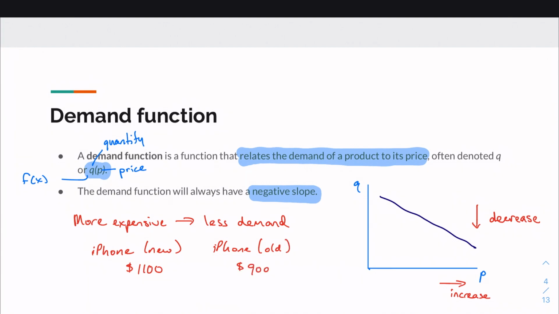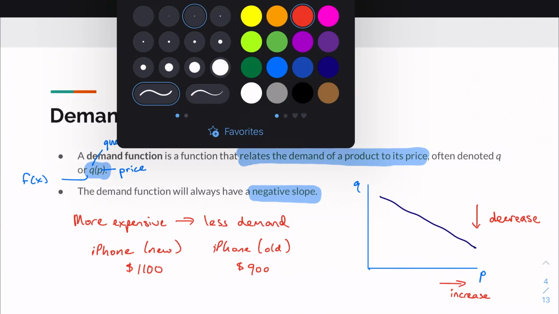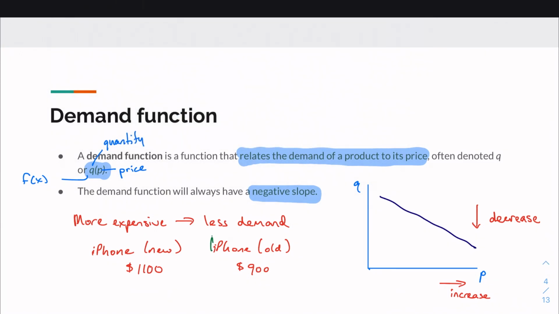Well, more people are then, in theory, going to want to buy this one because the price dropped. And usually there aren't a lot of big changes between generations. We will talk about the exceptions to this rule and why the brand new iPhones at $1,100 still fly off the shelf before they even reach the store. But generally speaking, more expensive, less demand. Less expensive, more demand.